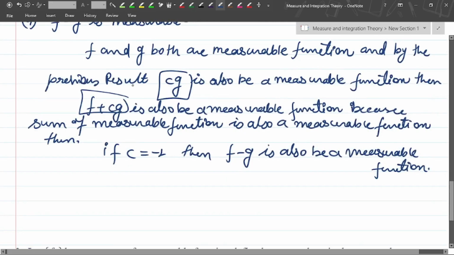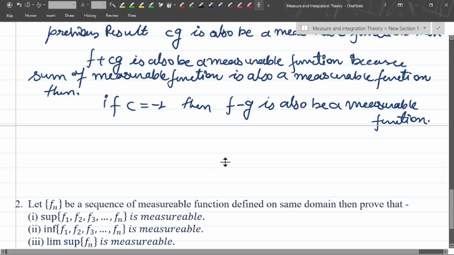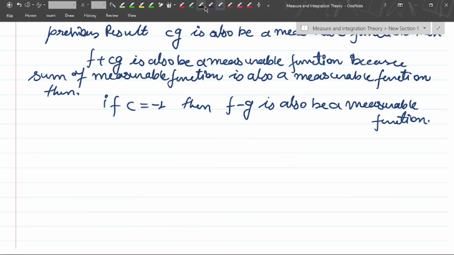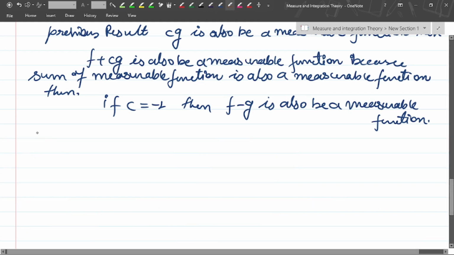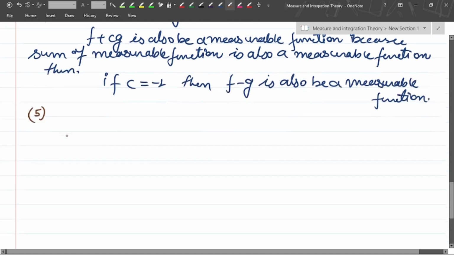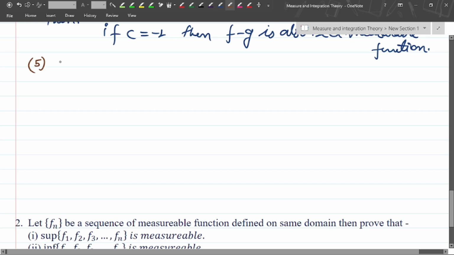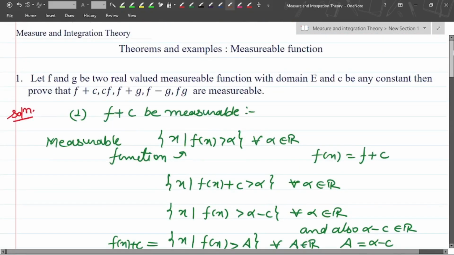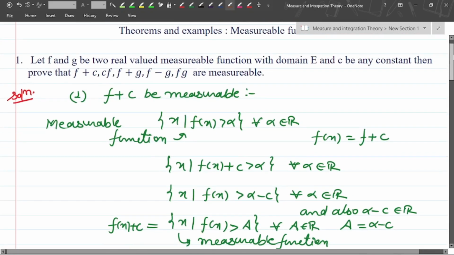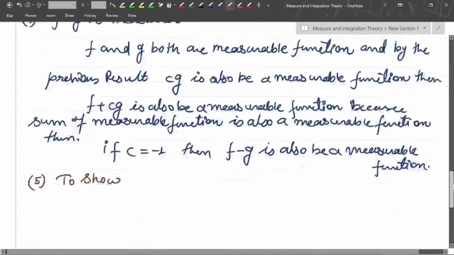We just put c equal to -1, so it will be f minus g. Now the fifth property is what? To show f into g, or basically f squared.